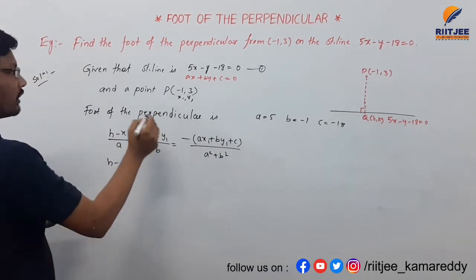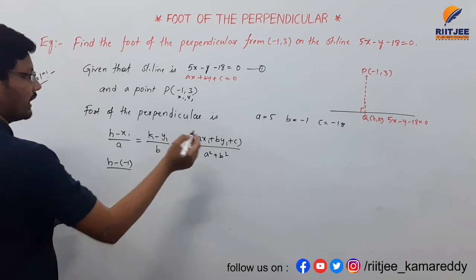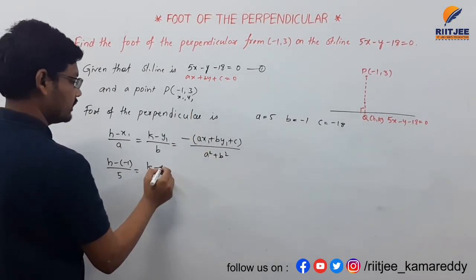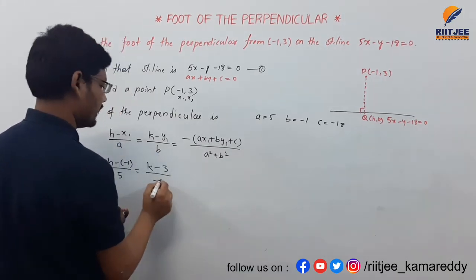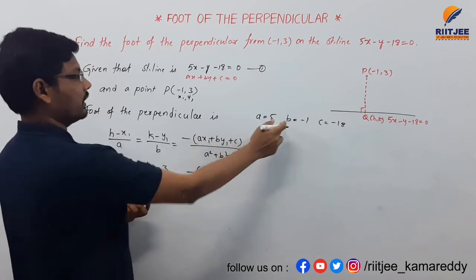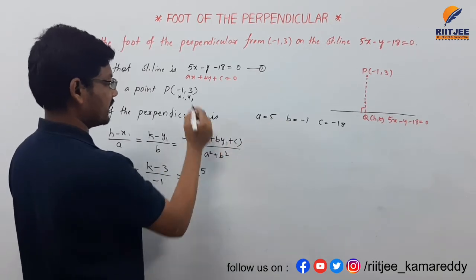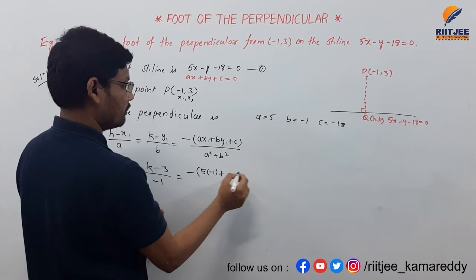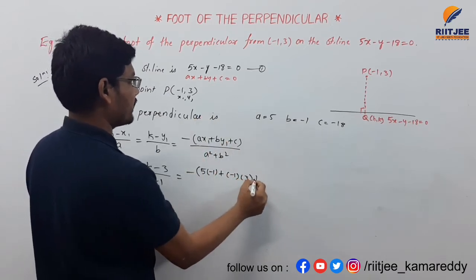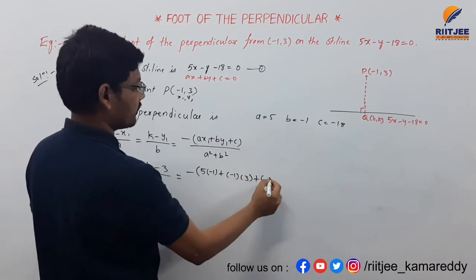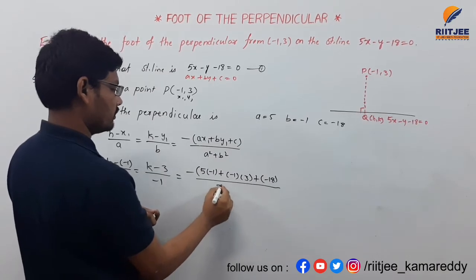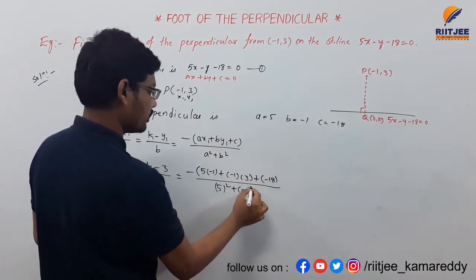Then h minus x1, which is minus 1, divided by a, which is 5 here, and k minus y1, which is 3, by b, which is minus 1, is equal to minus of a x1 plus b y1 plus c, that is 5 into minus 1 plus minus 1 into 3 plus minus 18, by a square plus b square, 5 square plus minus 1 whole square.